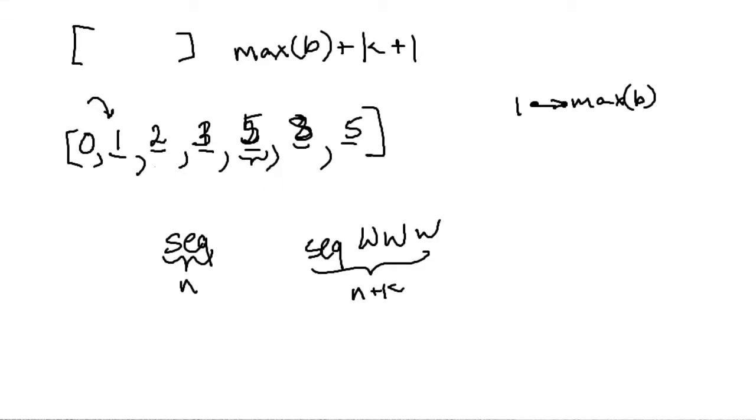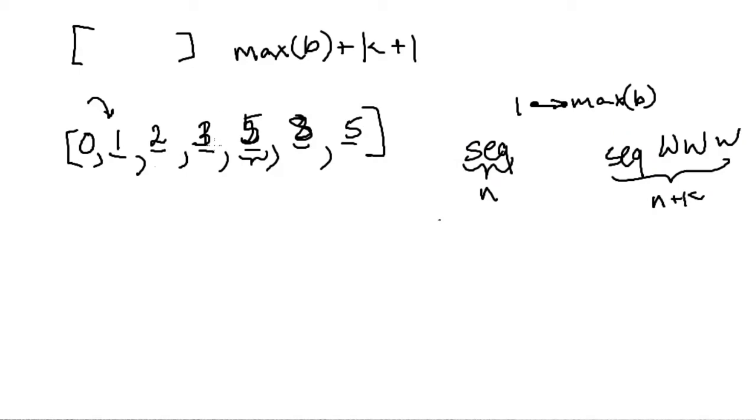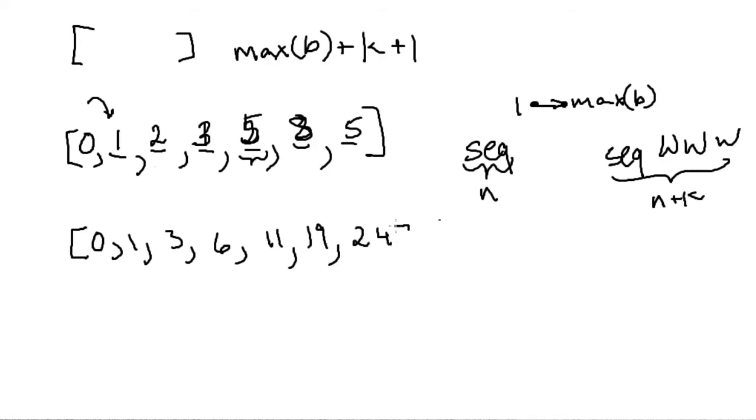Next thing we have to do is generate a prefix array. So you might be asking, what do you mean by prefix array? Basically, what I mean is the sum up to a certain point in the array. So the prefix array for this would be 0, 1, 3, 6, 11, 19, 24.